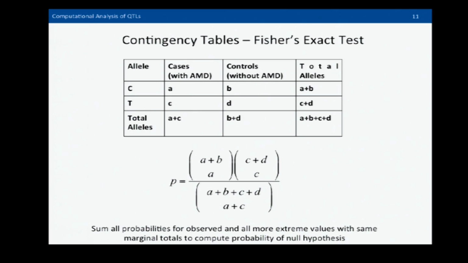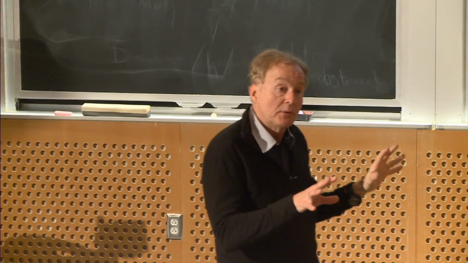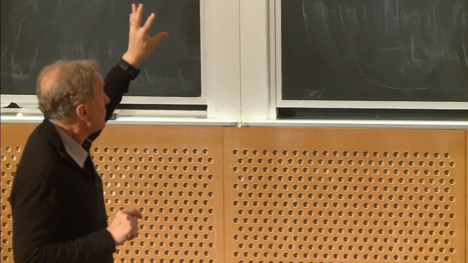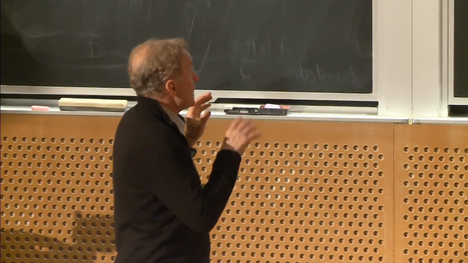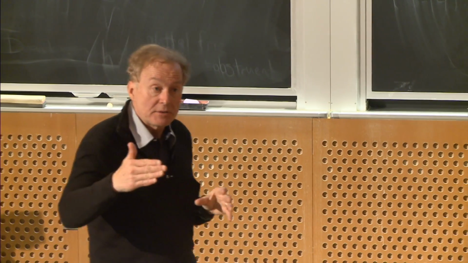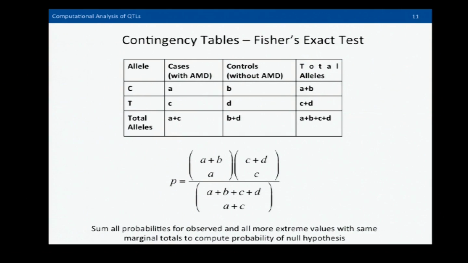Is that clear? So this is the exact probability of seeing the table in this configuration. And then what you do is you take that probability and all of the probabilities for all the more extreme values, say, of A, and you sum them all up, and that gives you the probability of the null hypothesis.